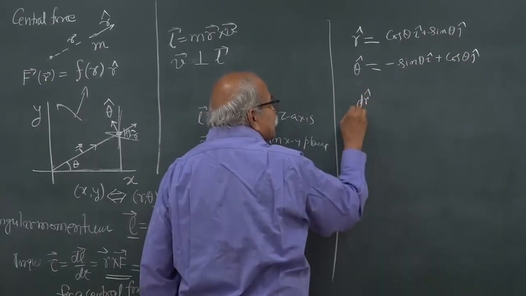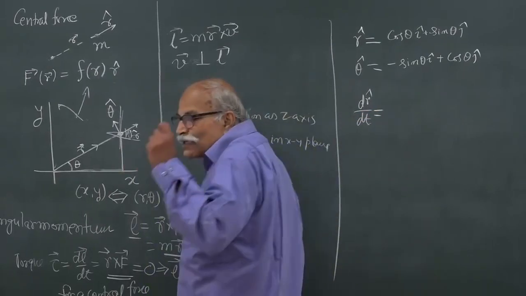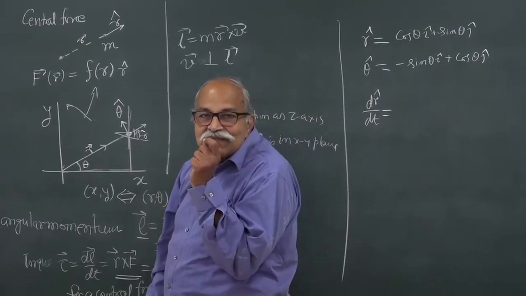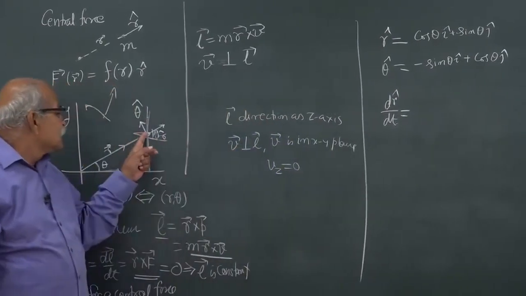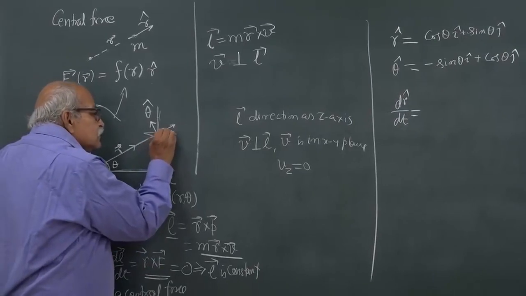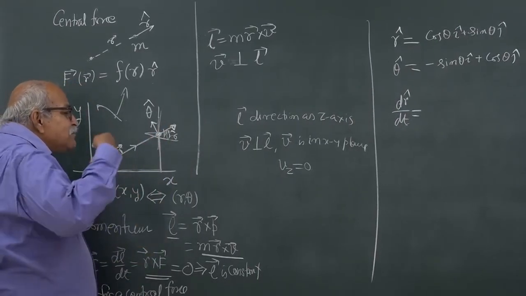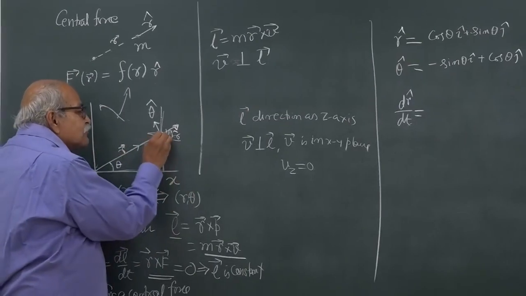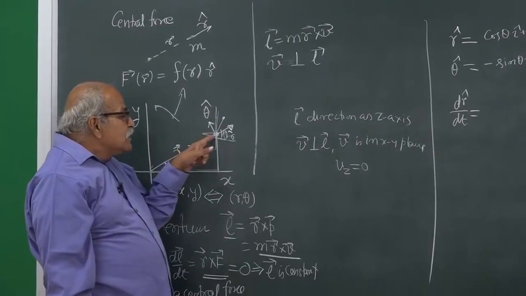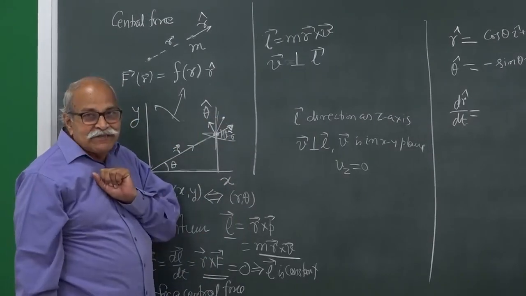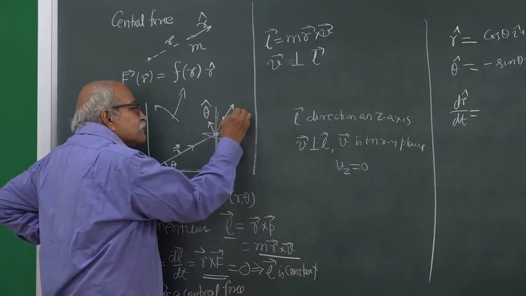Now, very interesting, what is dr cap dt? First, what does this mean? The particle is here, you have an r cap direction. Then in a time dt, the particle goes from here to somewhere else, so it is an infinitesimal displacement, and now r cap is this.